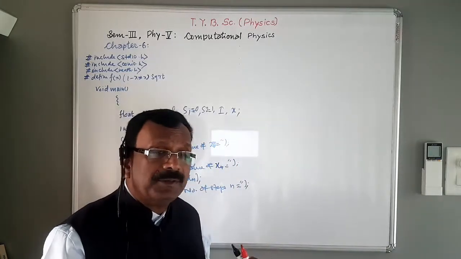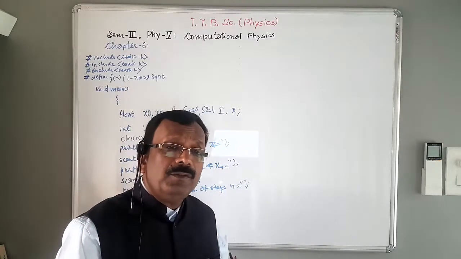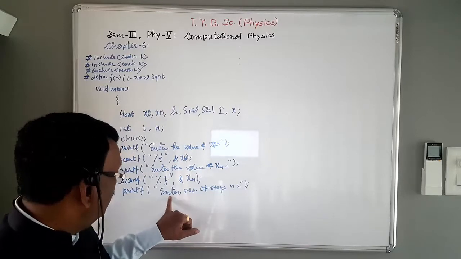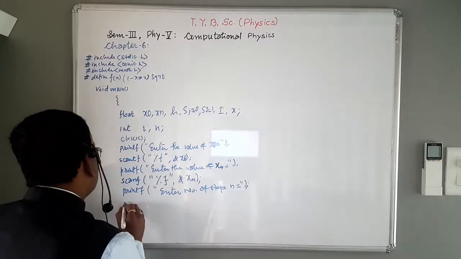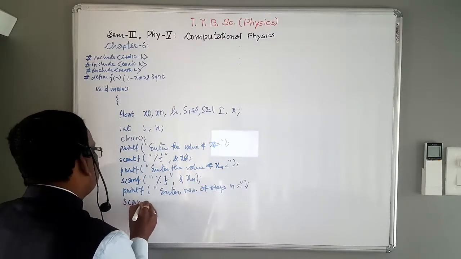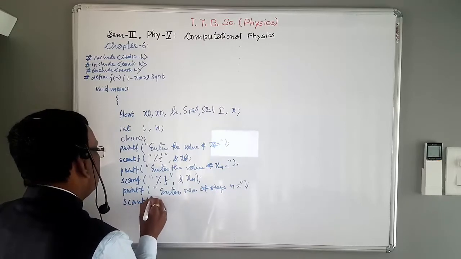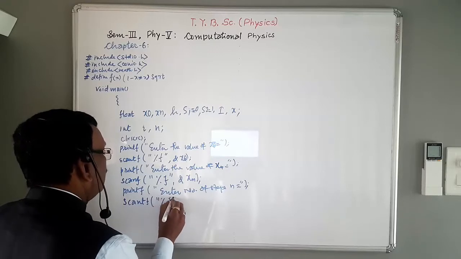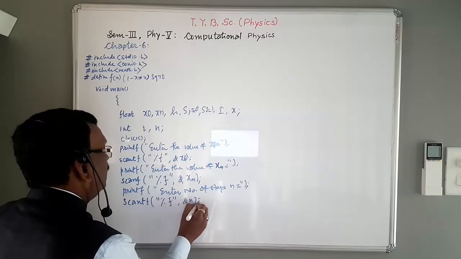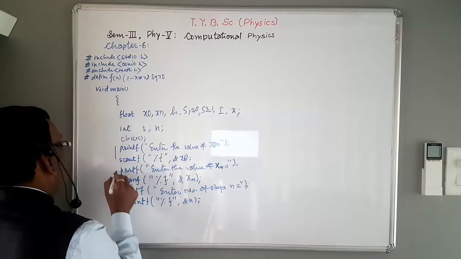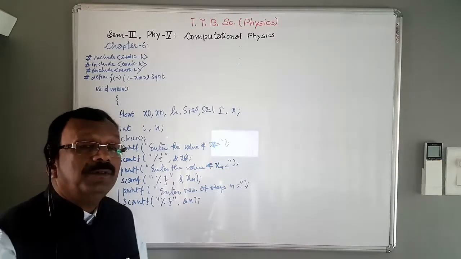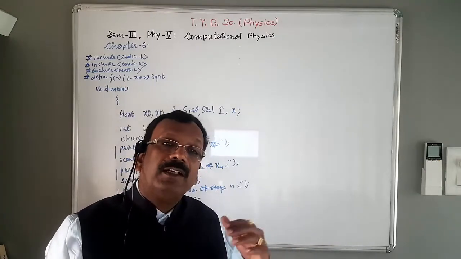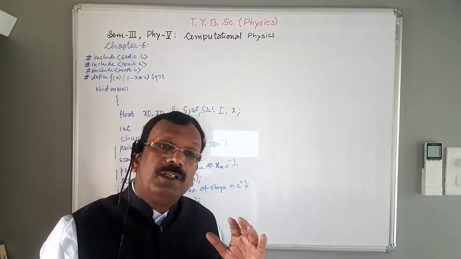The number of steps which we want to provide to the computer for integration is requested by this printf function, and then the number of steps is read by the computer with the help of this statement. In this way, by using these three statements, we can provide the value of the lower limit, the value of the upper limit, and the number of steps for the integration.